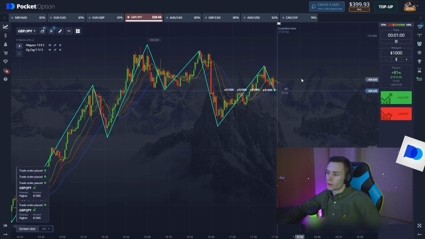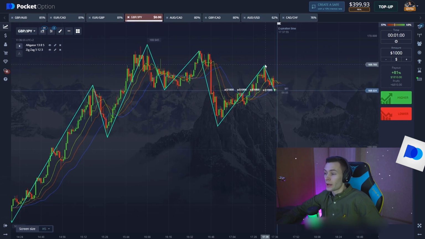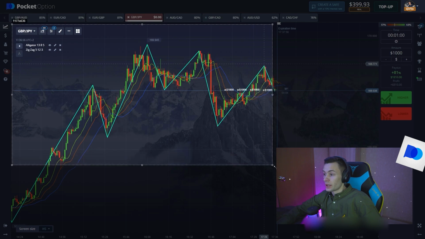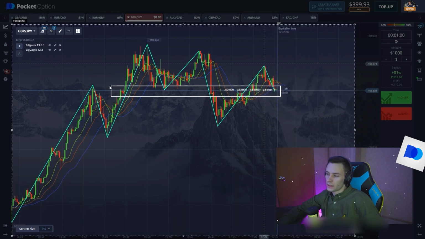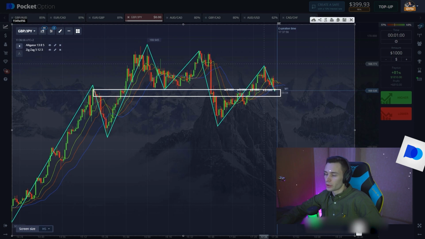We open a long position here. I guess we hit a jackpot here. I underline this huge support level. The price touches in 3 different spots, and finally the price has reached this important level.